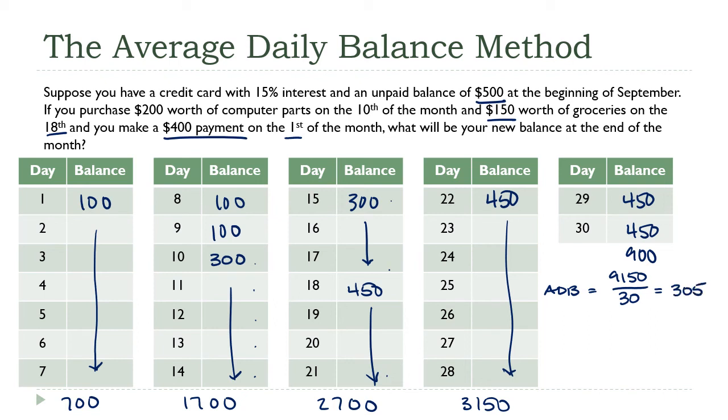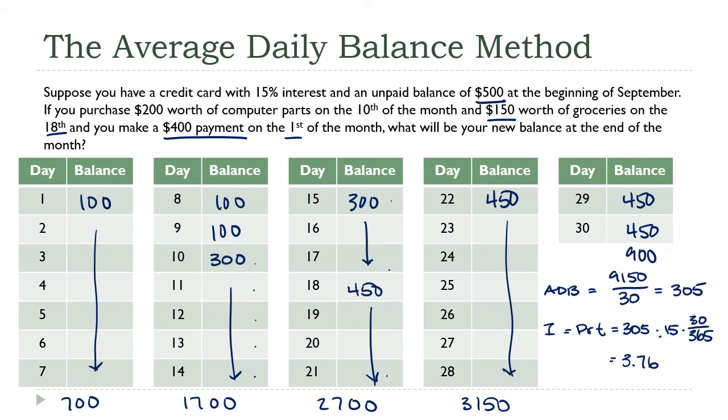I'm going to calculate the interest the exact same way. Interest equals PRT. My principal is that average daily balance times 0.15, that's the interest rate, times 30 days out of 365, and you go to your calculator, 305 times 0.15 times 30 divided by 365 is quite a bit less. $3.76.